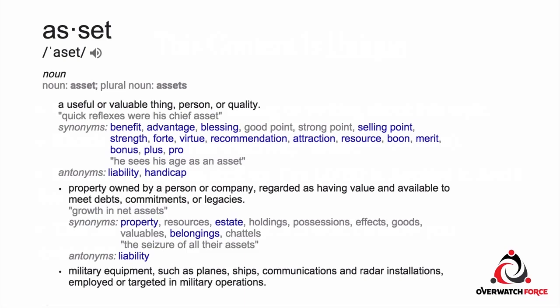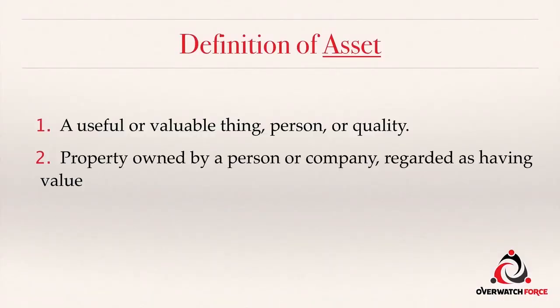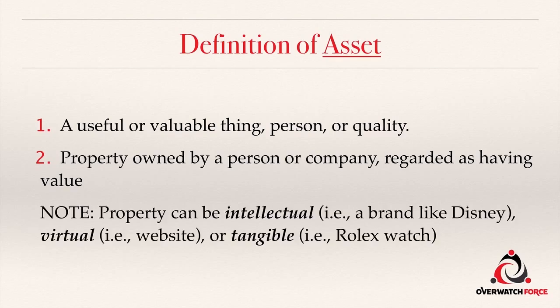For our purposes, let's just make it simple. A useful or valuable thing, person, or quality. A property owned by a person or company regarded as having value. Okay, that's good. And you should note that property here can be either intellectual, a brand like Disney, it can be virtual, like a website, or it can be tangible, like a Rolex watch, okay?